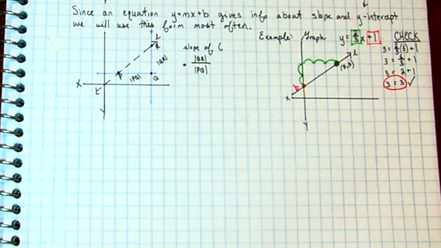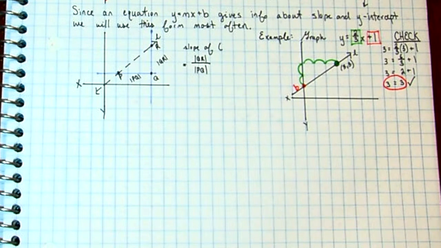But let's look at the second example on the right. I have an equation, y equals 2/3 x plus 1, and it tells me graph that line. The 1 is my y-intercept, so I'm going to plug that in as my b value right on my y-axis. And then my slope is 2/3. So I would go up 2 spaces, over to the right 3 spaces, and plot a second point.